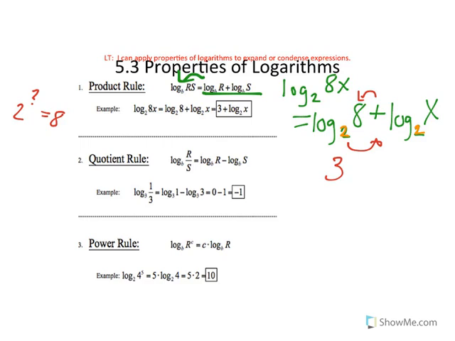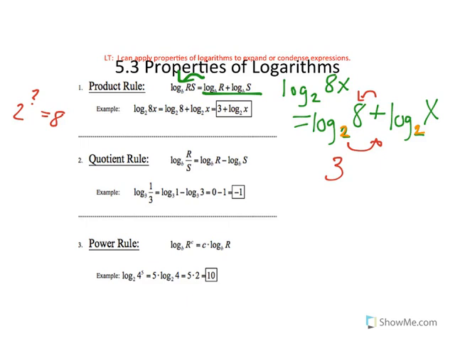This is why I told you last class you have to learn those properties. You've got to keep up with them. You cannot get behind, because every single thing that we learned last class you are going to learn to use today, and everything you learned last class and today's class you will 100% use in our next section of 5.4. If you do not learn these properties, you will be completely lost in 5.4, and I won't be able to help you.